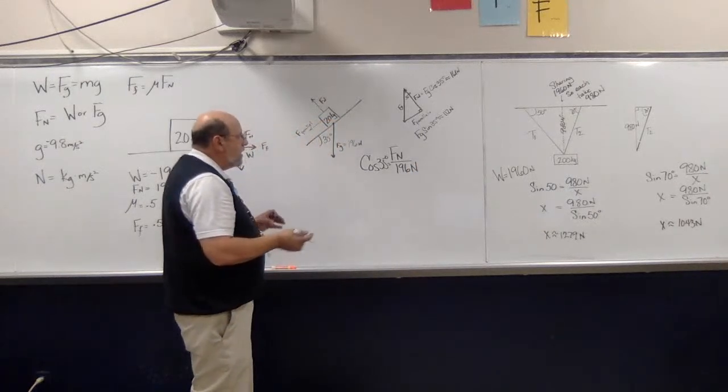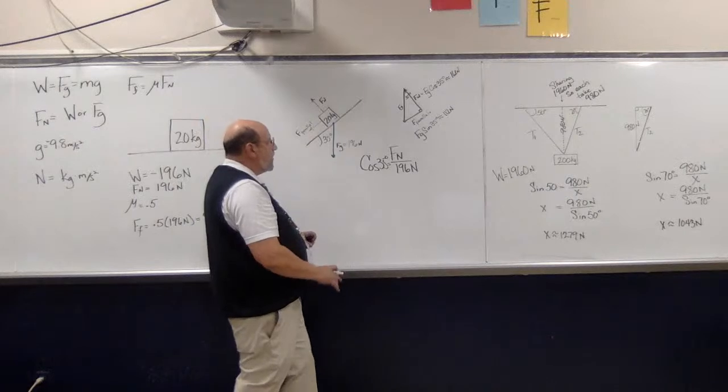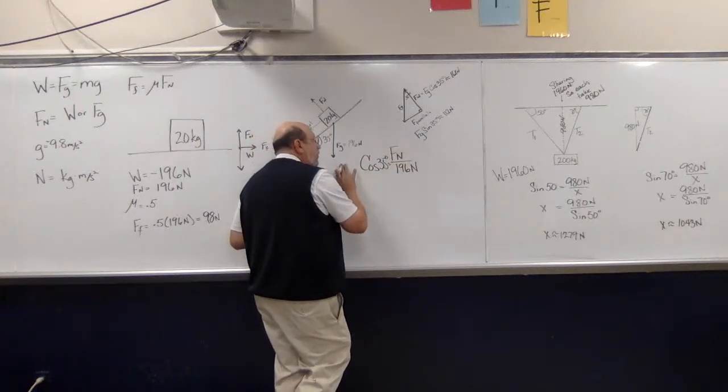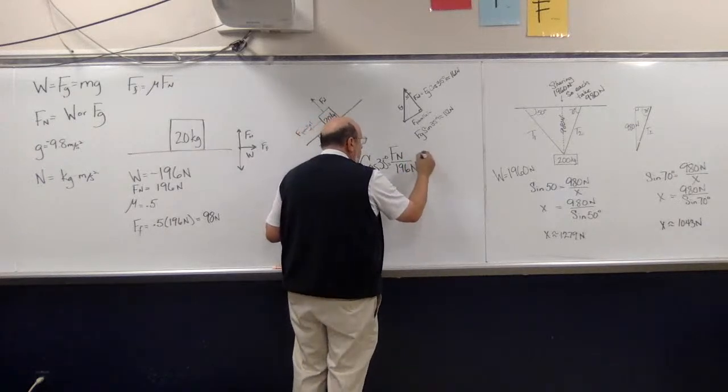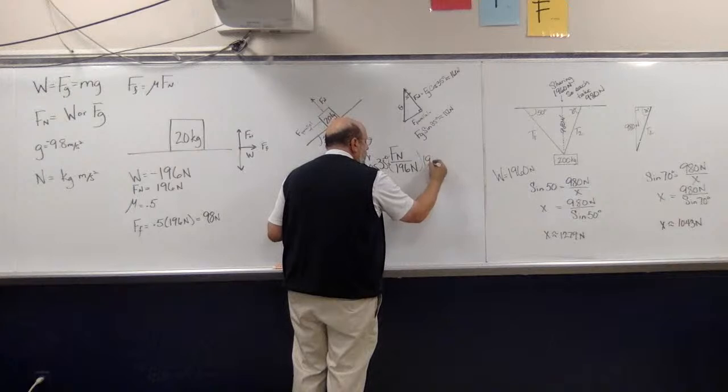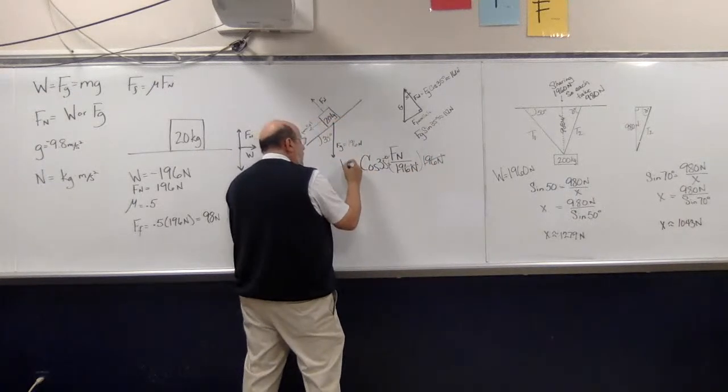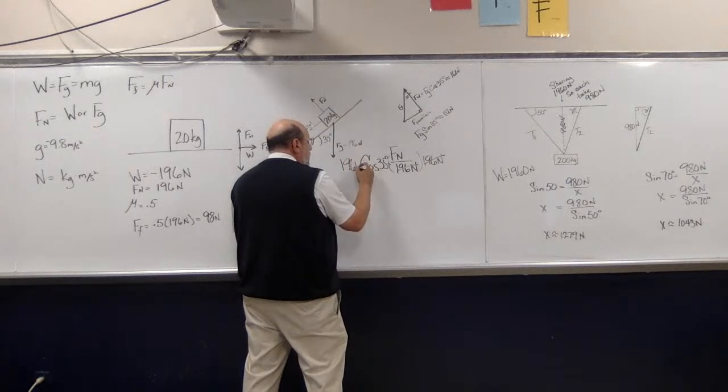Okay? Now, how do I solve for Fn? I just multiply both sides by 196. So, multiply both sides by 196. That goes away, 196.